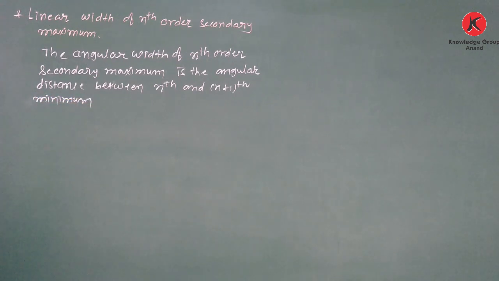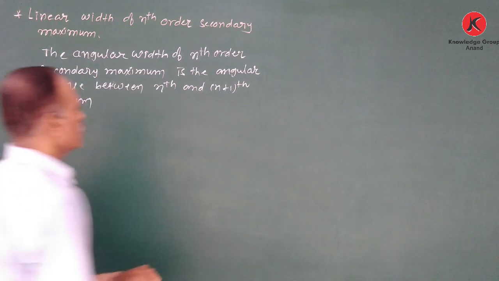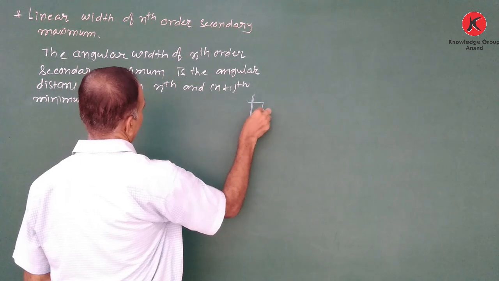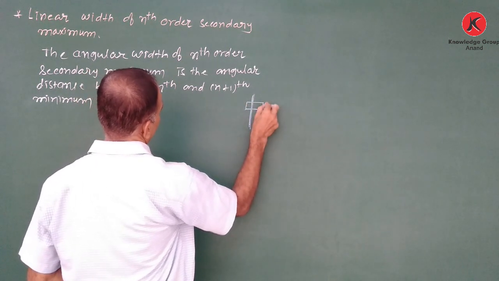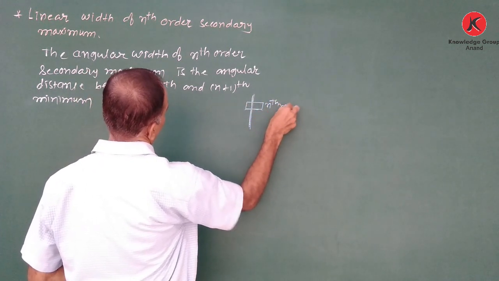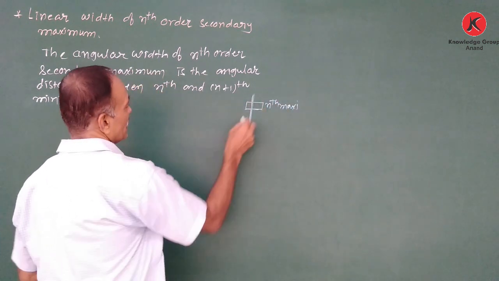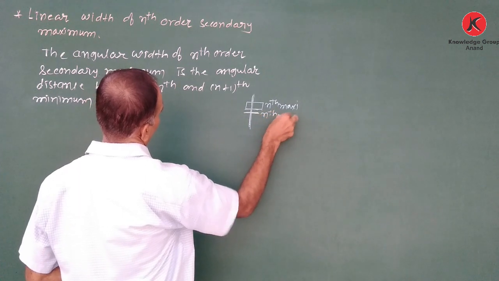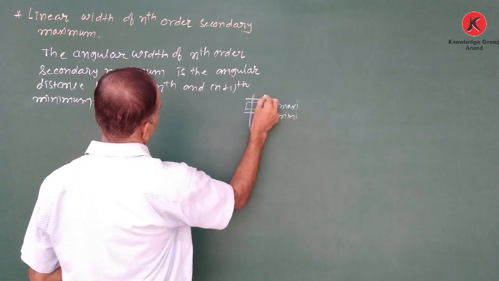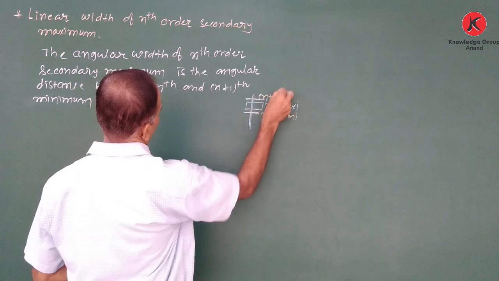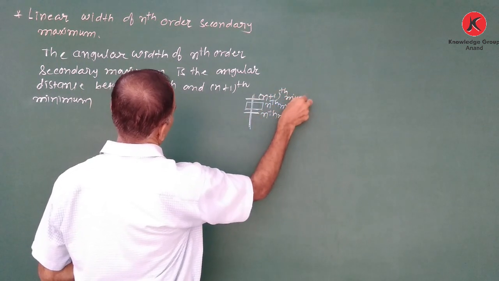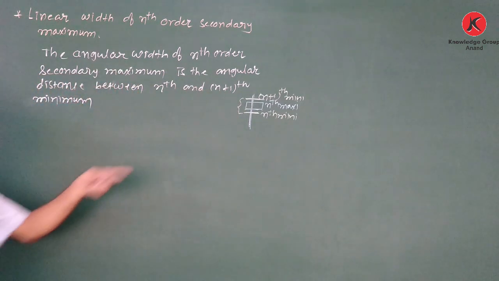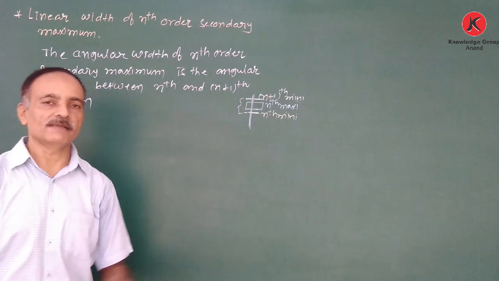Now first understand what that says on a screen. Suppose here the nth order maximum is obtained. So this side is the nth minimum and that is the n plus 1th minimum. So this distance gives the width of the nth order maximum.